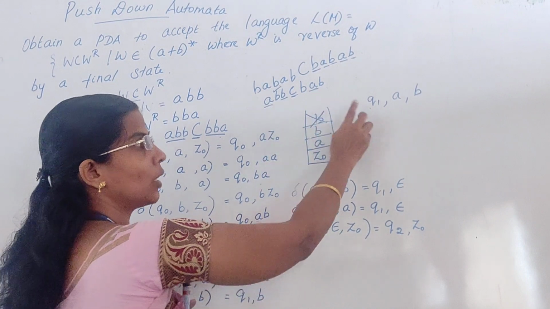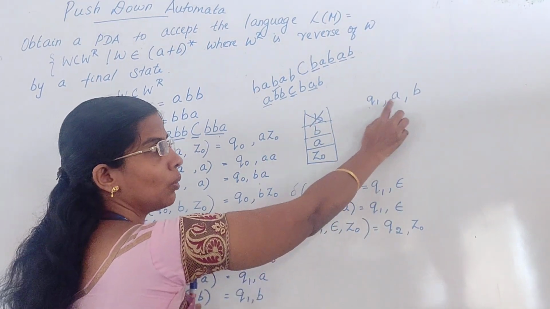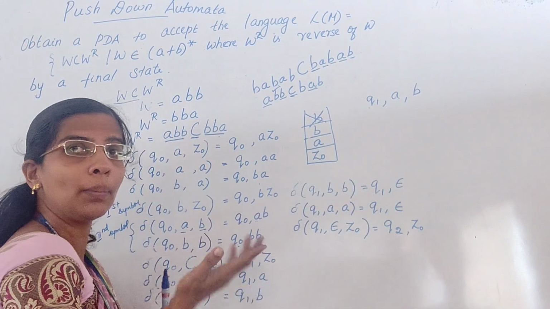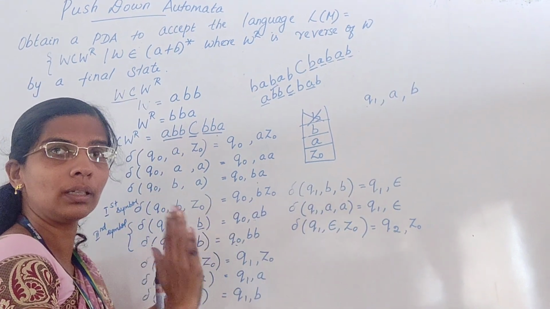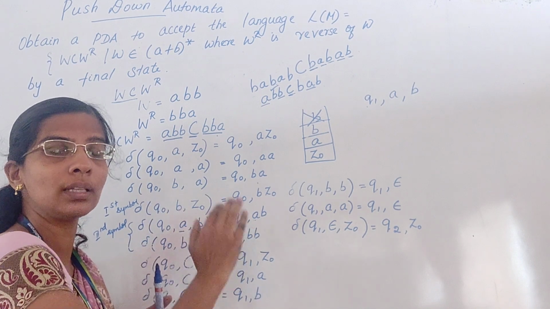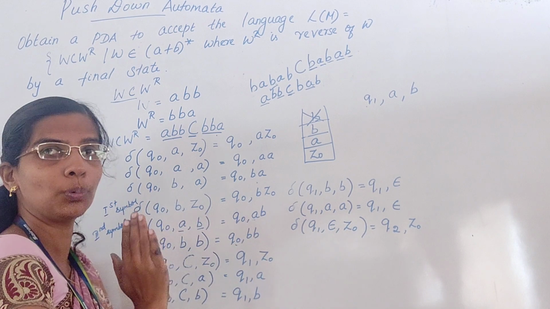Now the machine got stuck because I don't have any such transition like Q1, A, B. The machine doesn't know what operation has to be done, so it gets stuck, rejects the input, and says it is an invalid input.